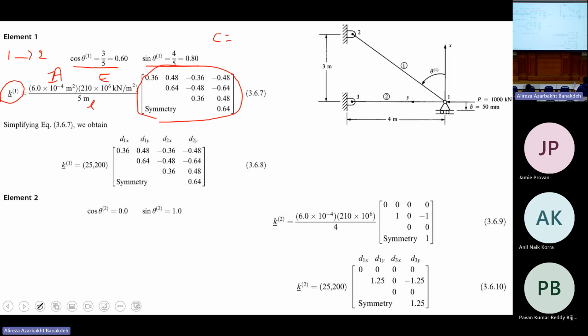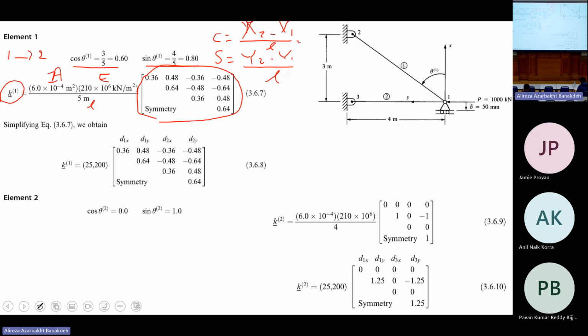You should write it down. It's connecting node 1 to node 2. So C and S will be x2 minus x1 over L, y2 minus y1 over L.